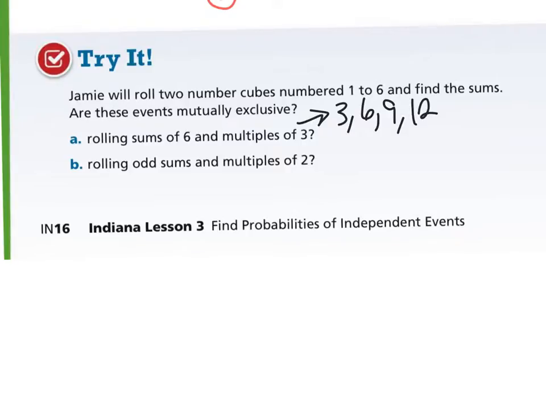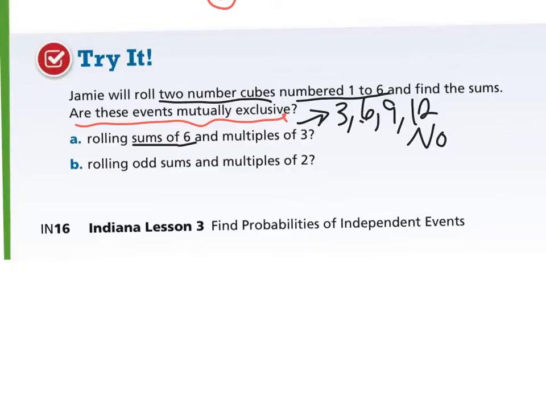If I'm only rolling 2 number cubes numbered 1 to 6, 12 would be the biggest total that we could have. 3, 6, 9, and 12 are the multiples of 3. Otherwise, they're saying sums of 6. Well, 6 is already a multiple of 3, so the question is, are these mutually exclusive? So the answer would be no, because there's an overlap there again.